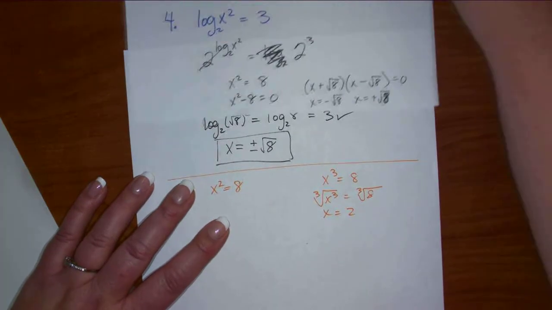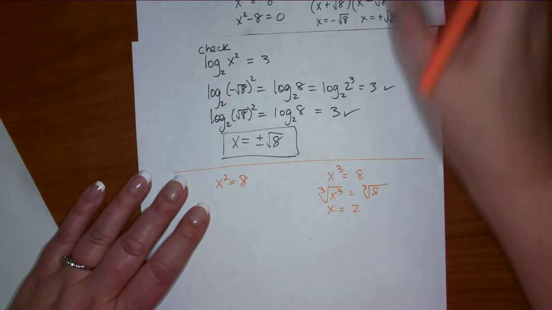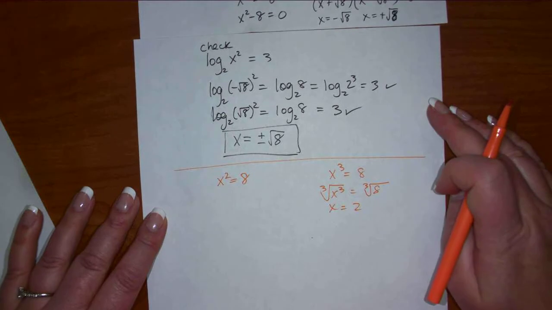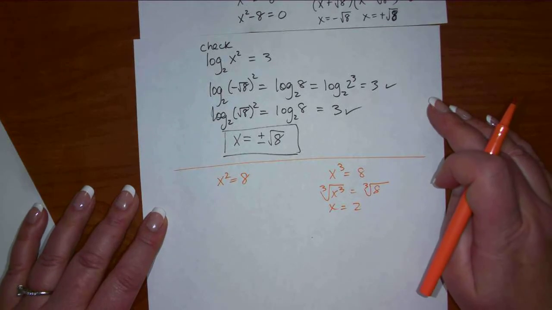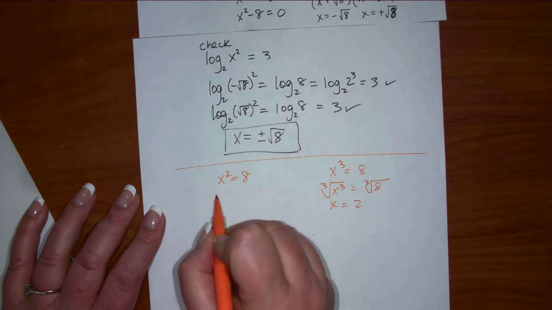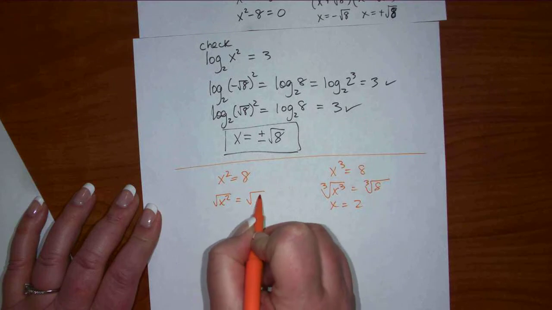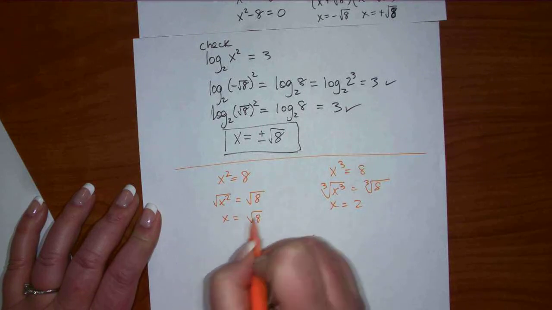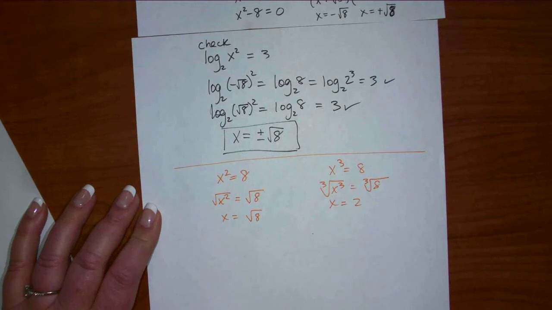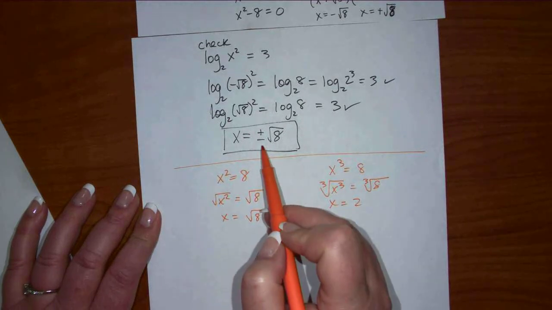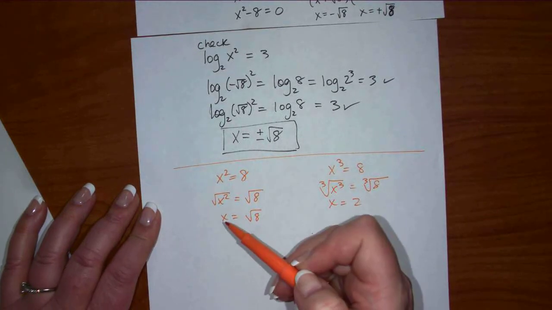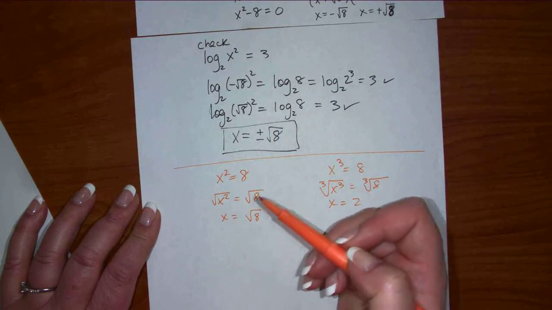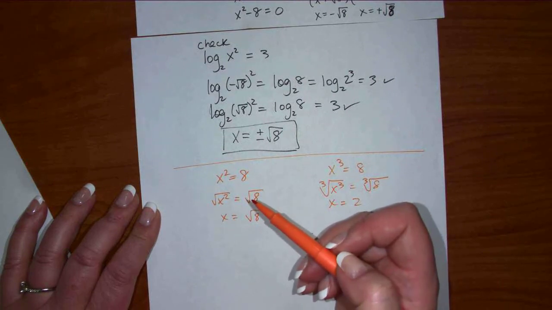I never did that for the squared, and there's a reason I didn't do that, which is what? Right. If you just take the square root of both sides, you get x equals root 8. It doesn't work, but what are you missing? The plus or minus. So in high school they told you whenever you take the square root of both sides, remember to put a plus or minus.